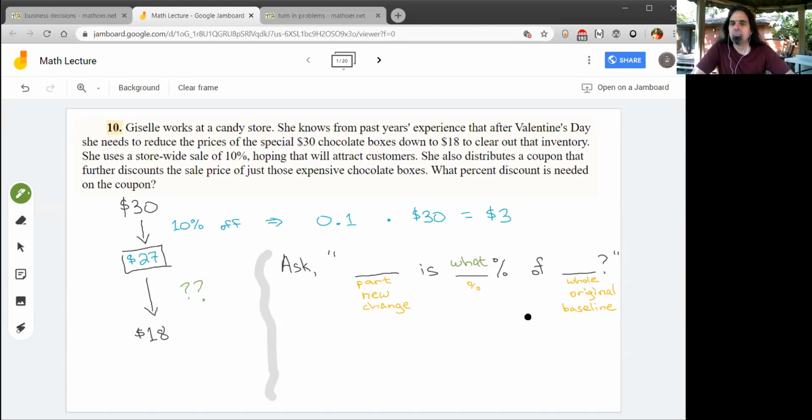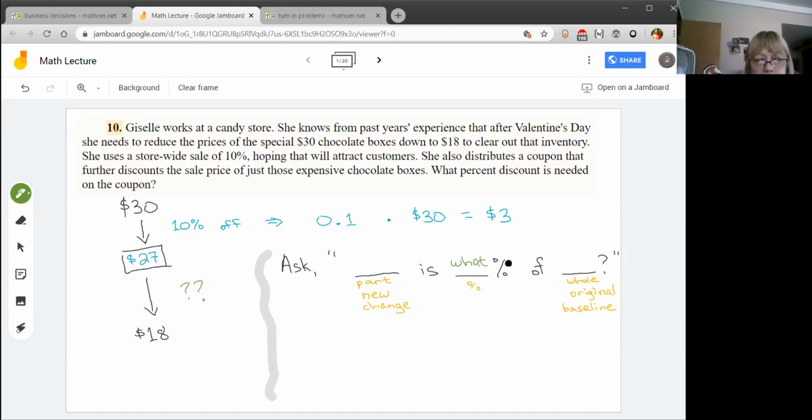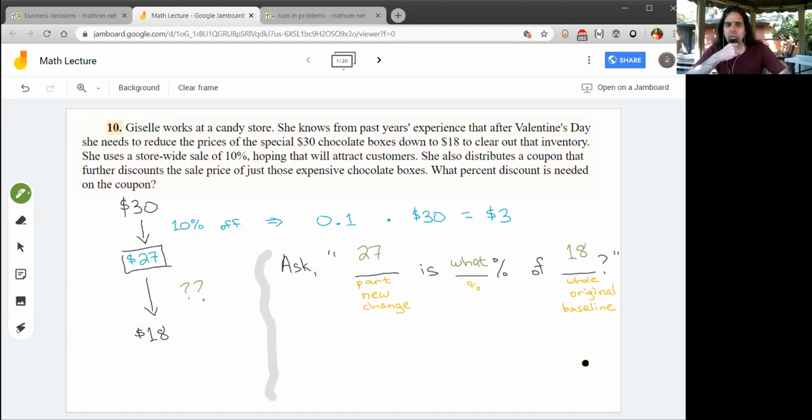Which one should I do? I'm thinking 27 first for the part. Okay, that doesn't look quite right to me. Nope, it's got to be flipped.